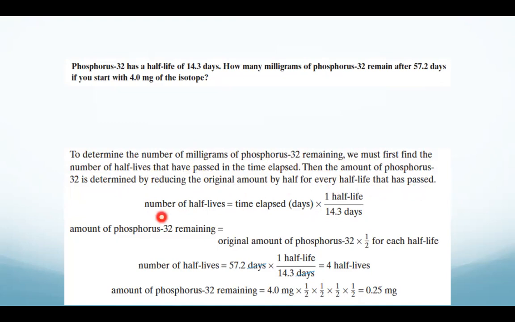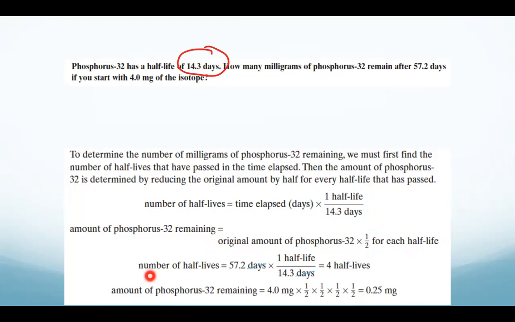So the number of half-lives equals the time elapsed in days times 1 half-life over 14.3 days, because that's what the original question tells you, that the half-life is 14.3 days. The amount of phosphorus-32 that remains is equal to the original amount of phosphorus-32 times one half to the power of the number of half-lives that you've calculated.